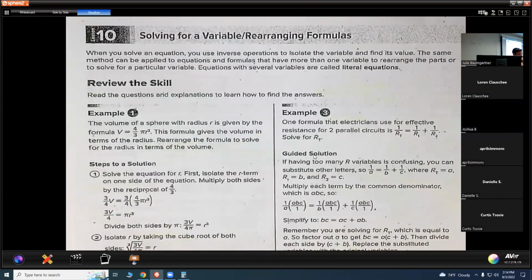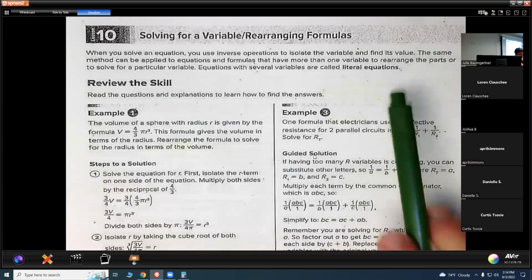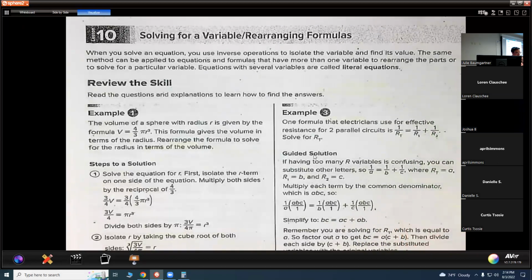The same method can be applied to equations and formulas that have more than one variable to rearrange the parts or to solve for a particular variable. I don't think this vocabulary is super easy, but we're focusing on this rearranging so that we can solve for a particular variable.